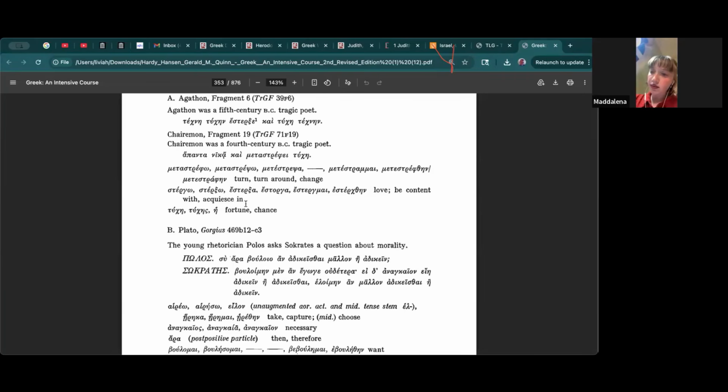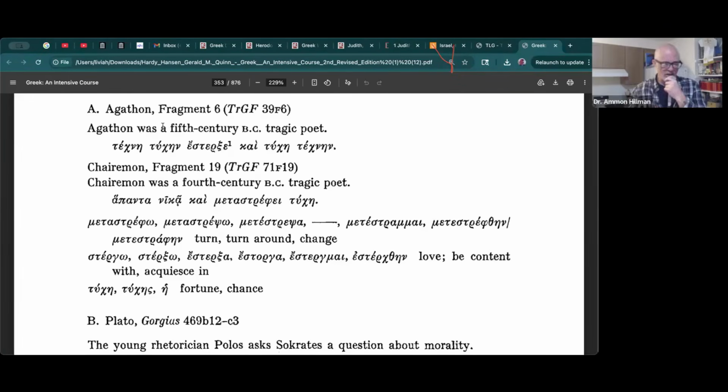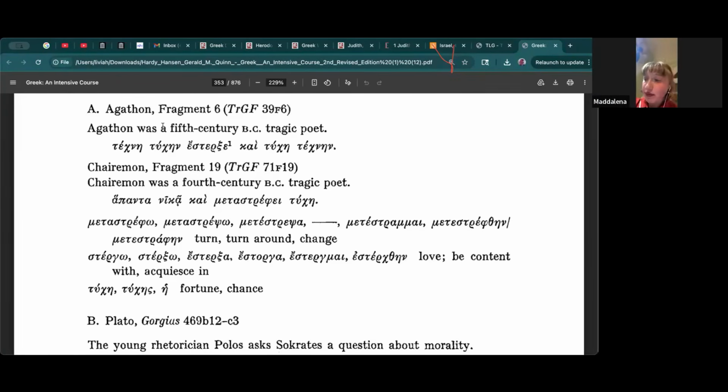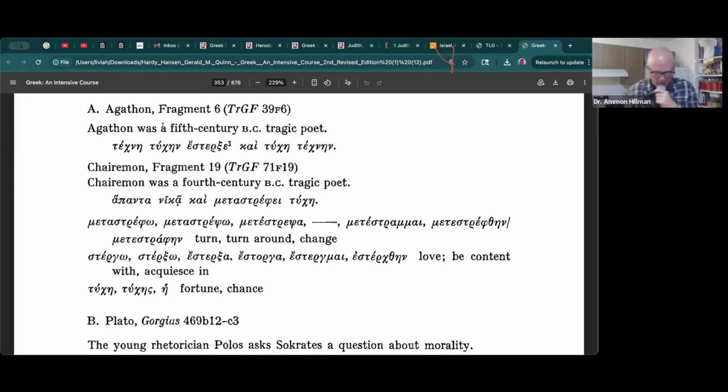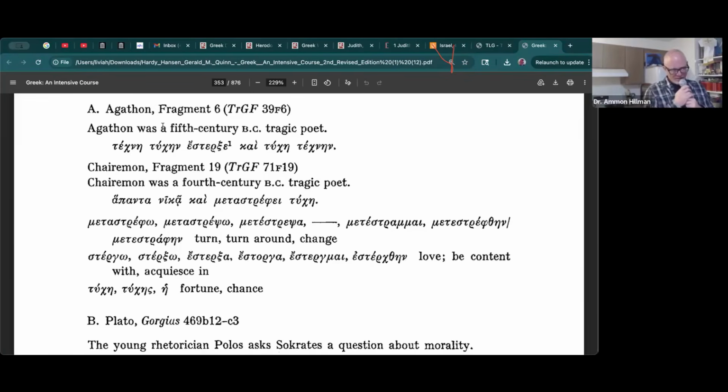So skill loves fortune and fortune skill. Yes, 100%. Skill loves fortune. But it makes sense. Yeah, you're reading Greek, right? Content with. Yeah, you're reading Greek.